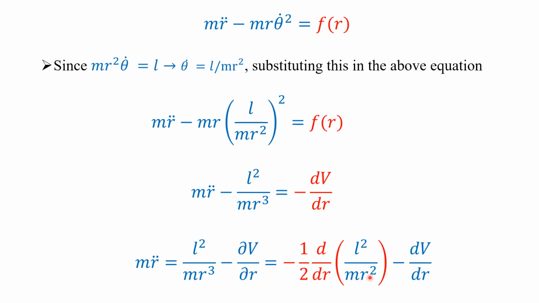If you differentiate 1 over r squared, here the only variable is r squared, all others are constant, you will get minus 2 over r cubed. The minus I have put here because here you have plus, which becomes minus. So the 2 will get cancelled, and naturally this will become L squared over m r cubed.